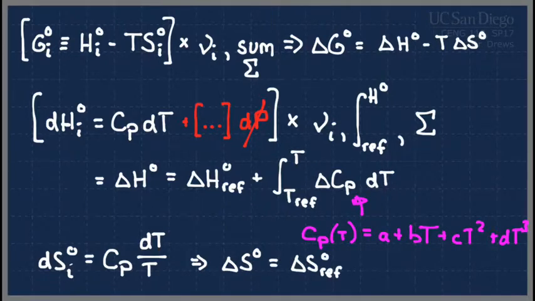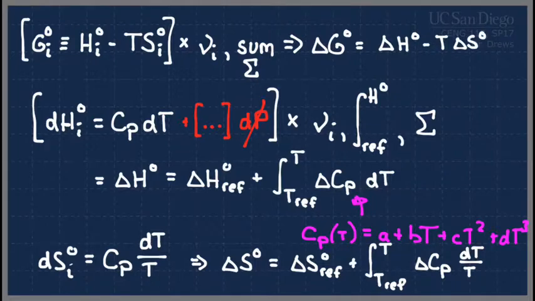Delta S ref circle plus integral from T ref to T of delta Cp times dT over T. So what we're going to do is take these two expressions. Oh, that was supposed to be leads to, not equals. Take these two expressions, this one here, and this one down here, and we're going to substitute them into this particular expression.